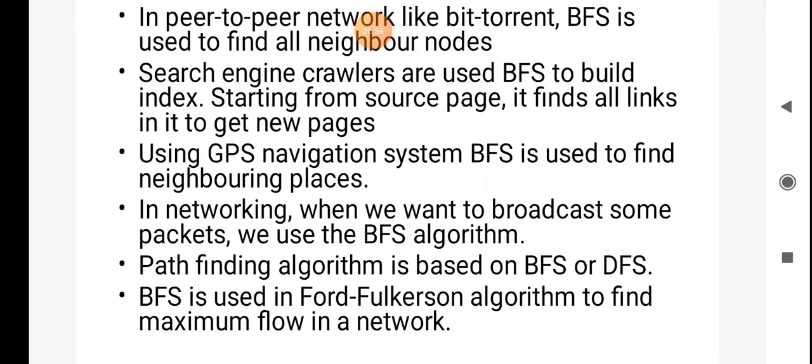It's also used in GPS navigation systems to find neighboring places, and in networking, if we want to broadcast some packet, we use the BFS algorithm. Then path finding algorithms are based on BFS or DFS, and BFS is used in the Ford-Fulkerson algorithm to find maximum flow in a network.